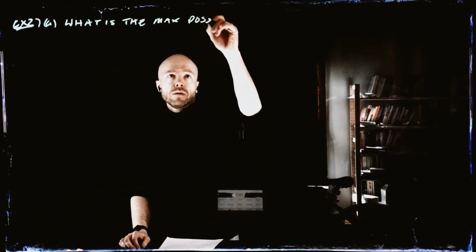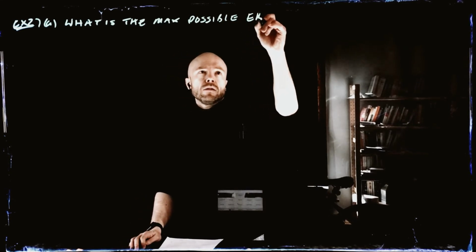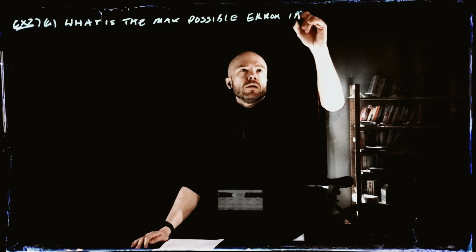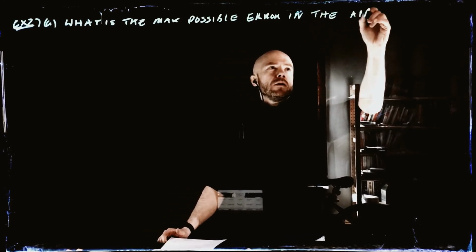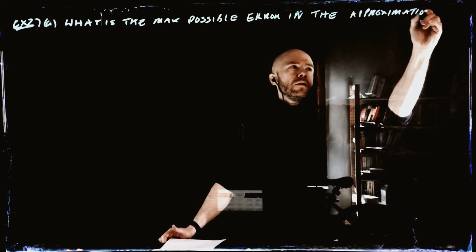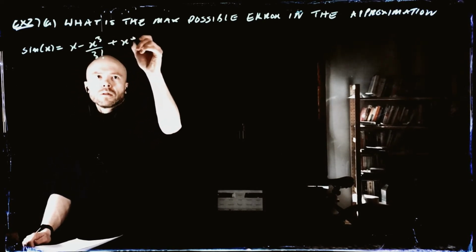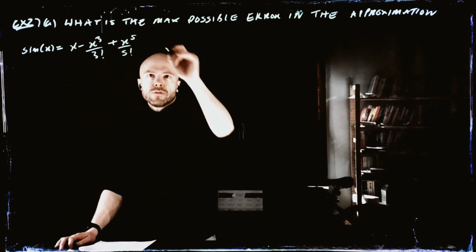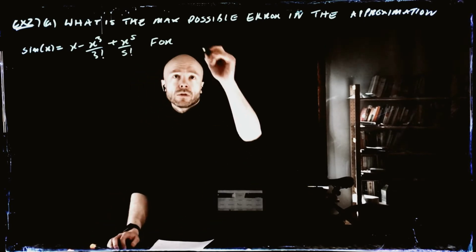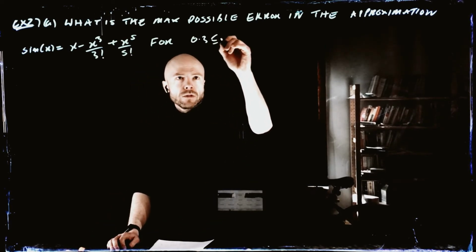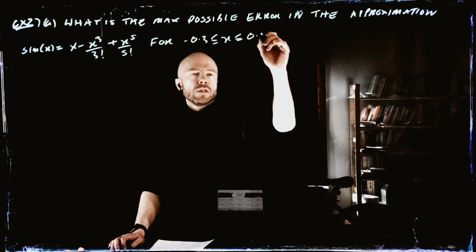What is the max possible error in the approximation for minus 0.3 is less than or equal to x, which is less than or equal to 0.3.